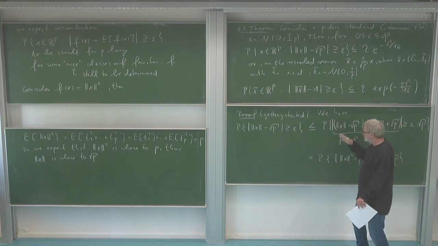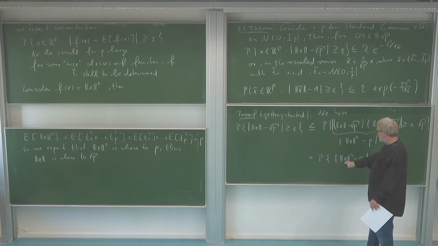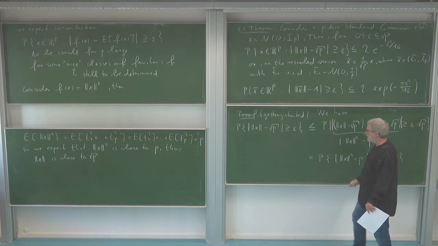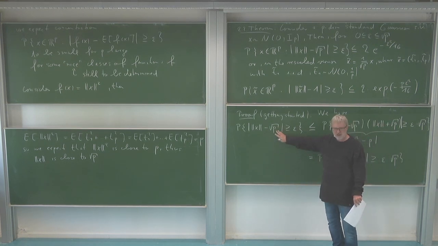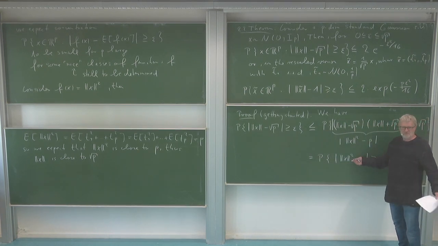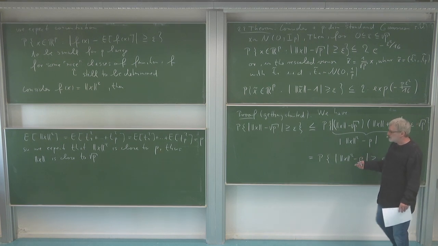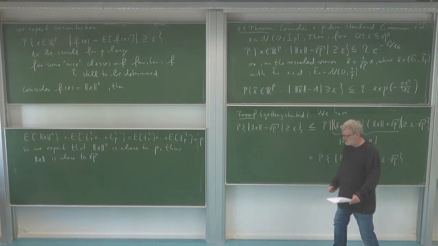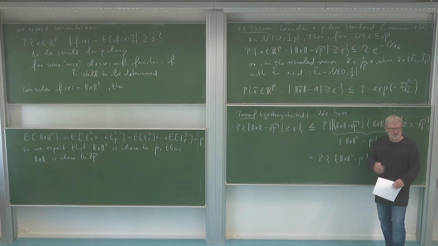And this shows in general how, if I know something for the square of the norm, I can go back to the norm itself. Good, but now we have to prove this. And why should this be easier than just the norm? Because the norm squared is the sum of things which are independent.